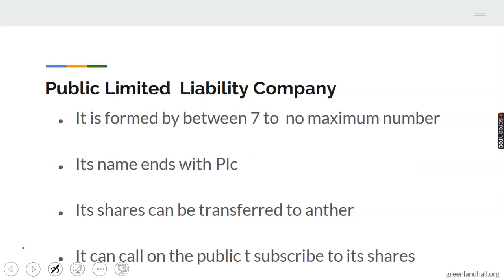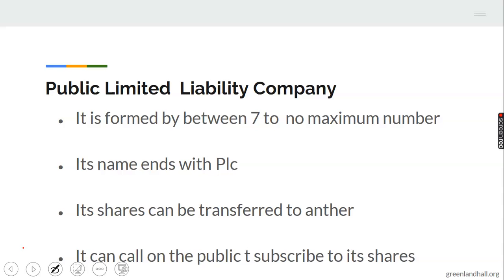Then we have a public limited liability company as another set of companies. And the features of this type of company include the following: 1, it is formed by between 7 people to no maximum number.